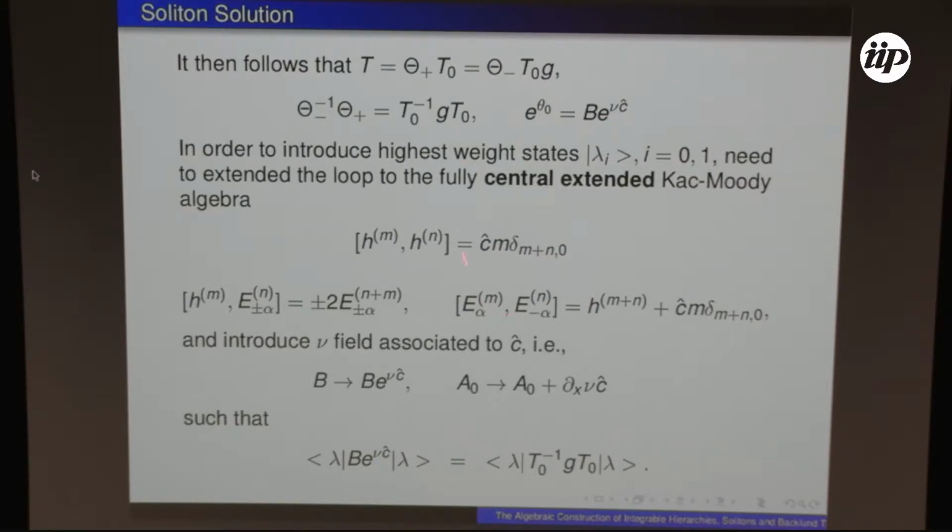So that representation in terms of lambda does not generate these central terms. But the central terms are necessary because otherwise the algebra doesn't have highest weight states. So if you extend the algebra, you have to add an extra field, nu, associated to the phi field, and also an extra term for the gauge potential.